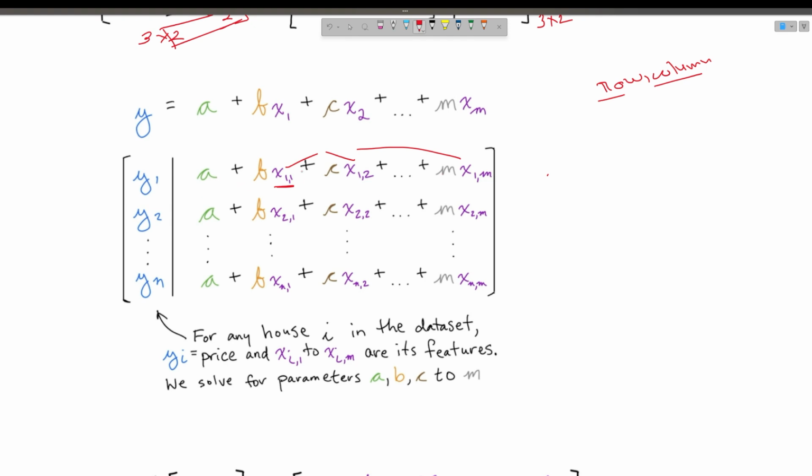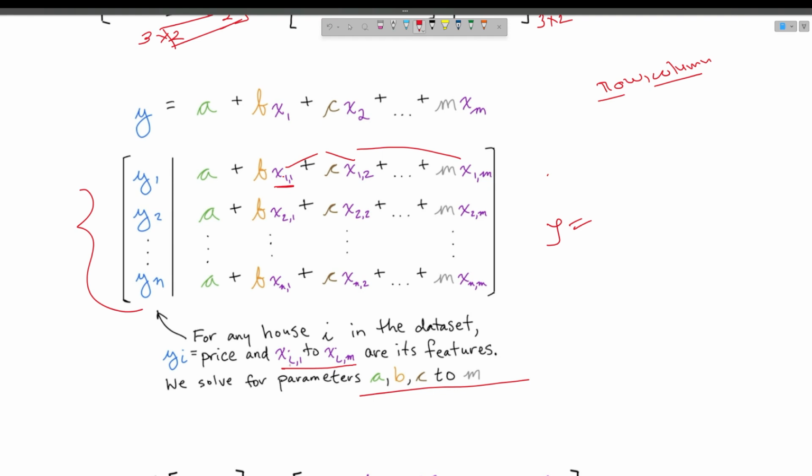So the goal is, we know these features, these do vary. Things that vary are basically some sort of features, right? And we have some constants. So we will just solve this matrix and we'll get these values a, b, c, and m. So what's the goal? The goal is, if someone comes up and says, hey, this is a house, and I have features from this to this.